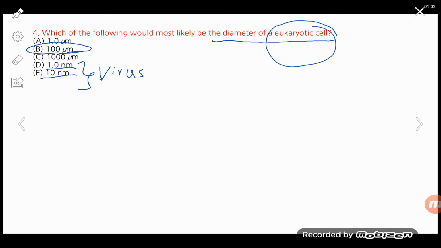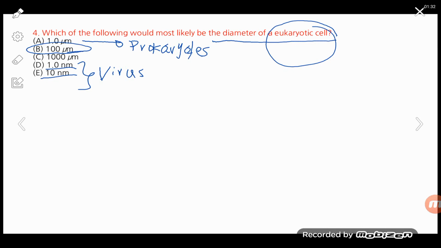So nanometers are used for virus, as I told you. 1 micrometer, or from 1.2 to 2 micrometer, or from 0.5 to 2 micrometer, in this range, the micrometers are the sizes or diameters for prokaryotes.